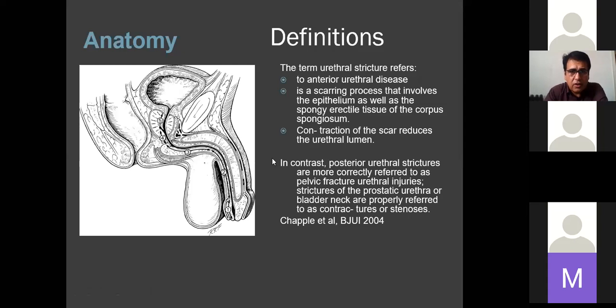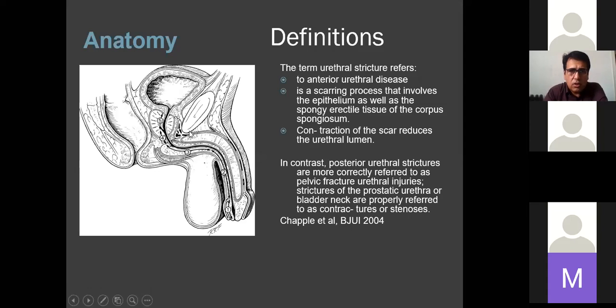Defining it, the urethra is divided into parts as we discussed: anterior and posterior urethra. The anterior urethra comprises the navicular fossa, penile urethra, and bulbar urethra. All of this is anterior urethra, and the posterior urethra is the membranous urethra and the prostatic urethra.